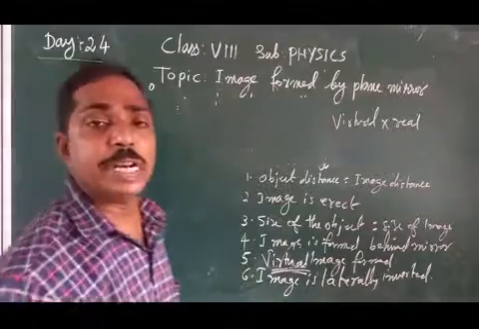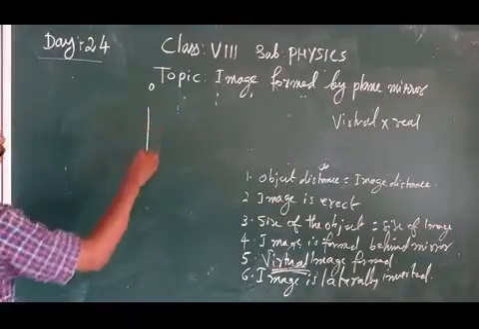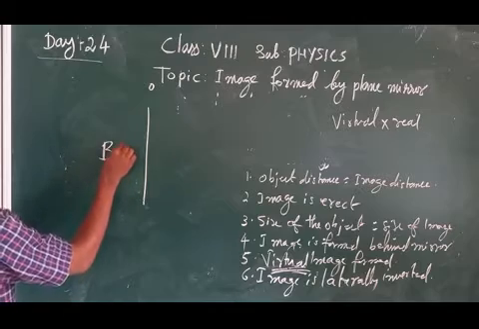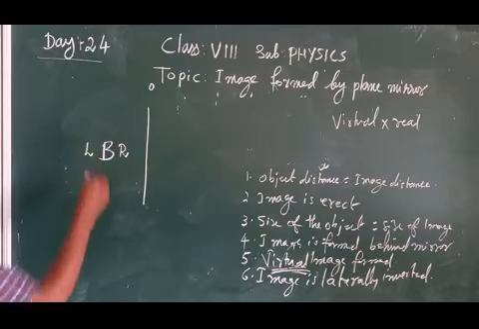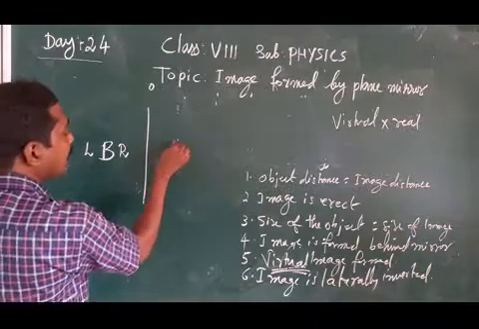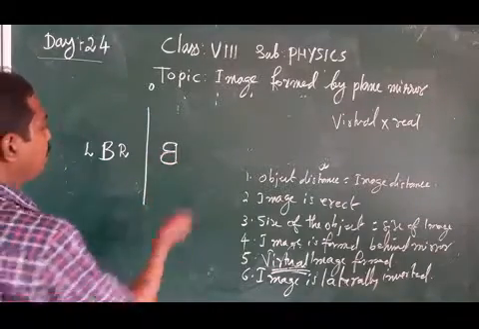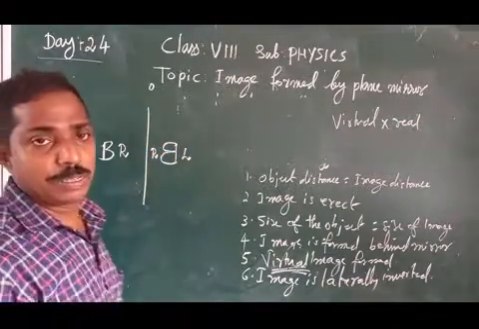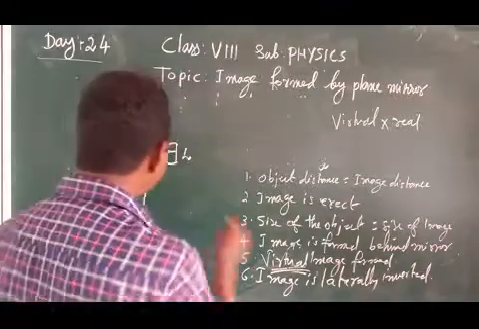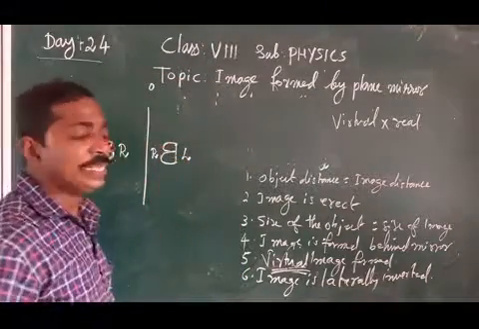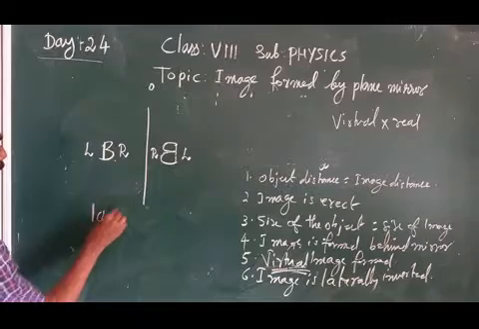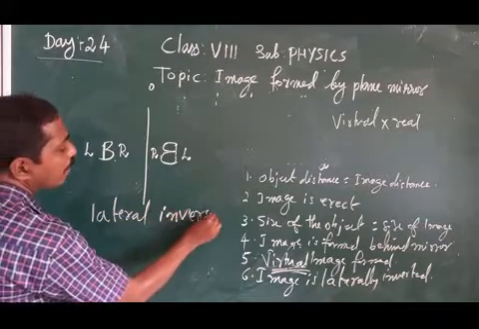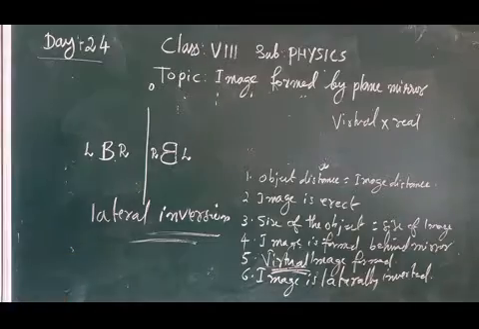What is the meaning of lateral inversion? Suppose this is a plane mirror. If I show the letter V, this is the right hand side and this is the left hand side of the letter. It appears like that only on the image. Means right and left are interchanged on the image. When right and left are interchanged, we say lateral inversion.